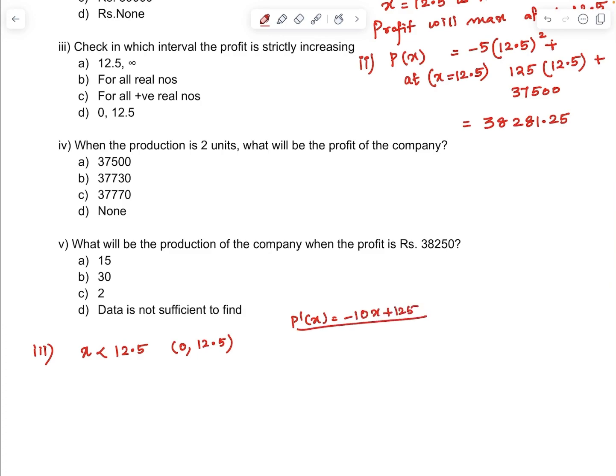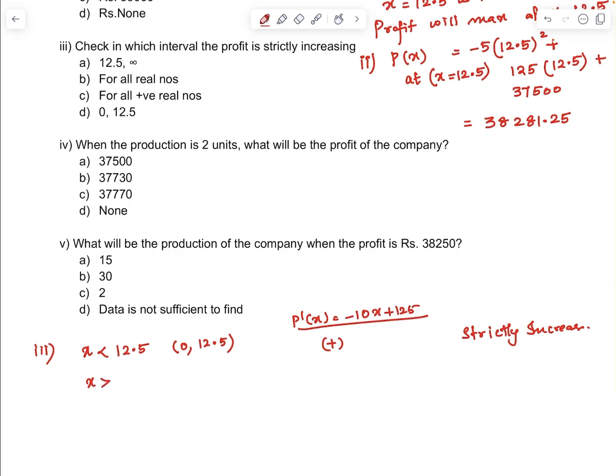This becomes positive. Choose one value within this range and substitute that in that p dash of x. Then we will know what this is going to return. So in that way, it's a positive value, which means the function is strictly increasing.